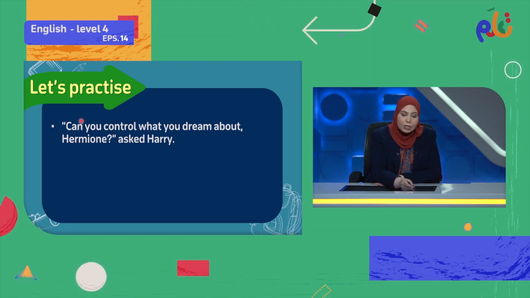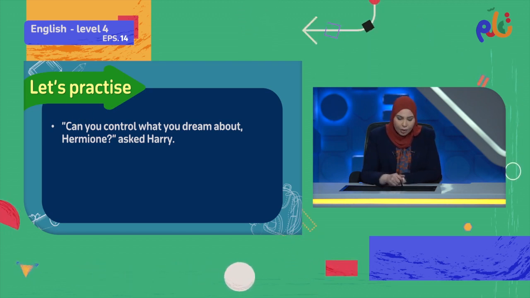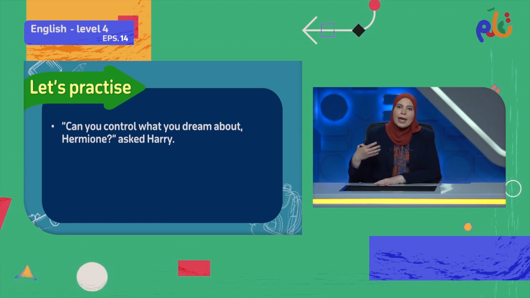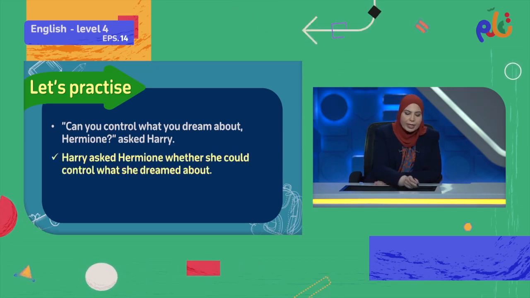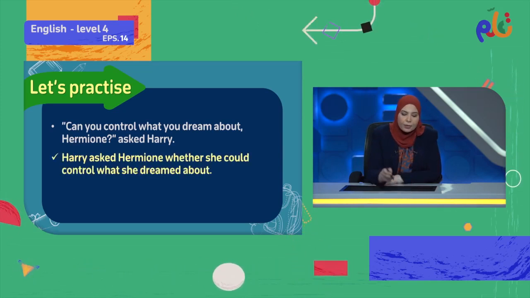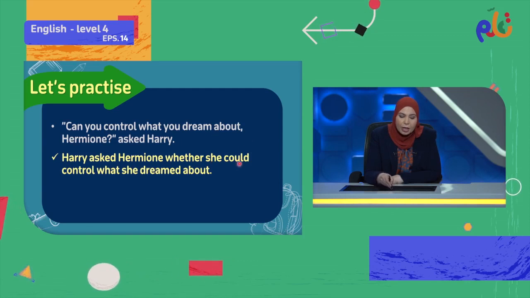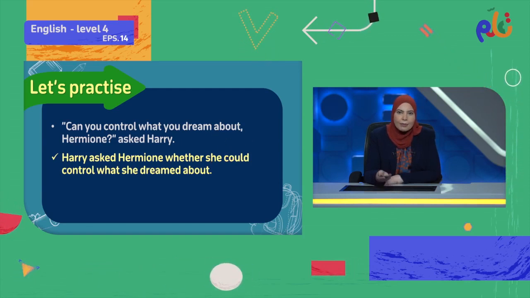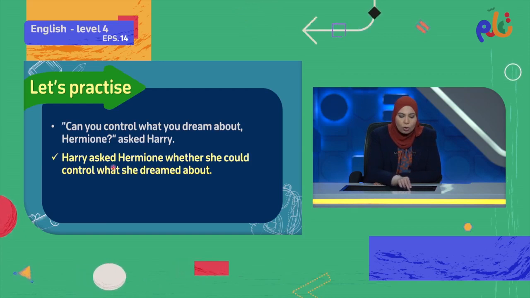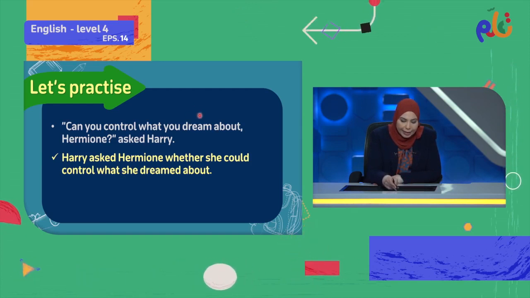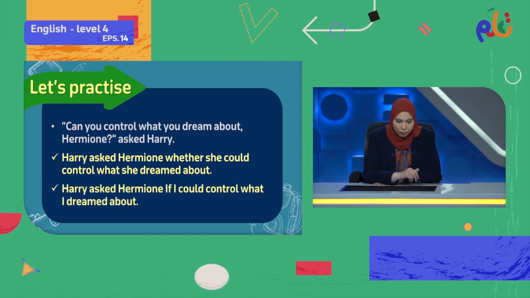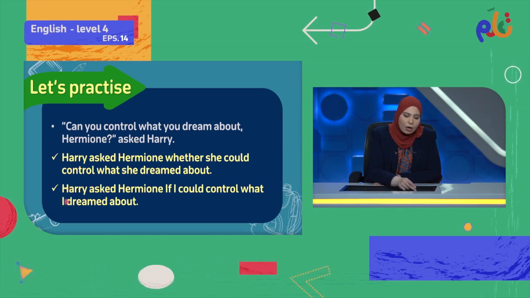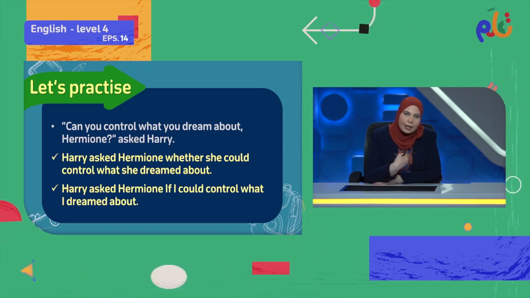But here, this is not an extra verb that we added, because the modal remains. So in this case, we will see Harry asked Hermione whether she, and we change the tense, can becomes could, control what she dreamed about. Or what I dreamed about, depending on whether I am the person who's talking or I'm talking about somebody else.